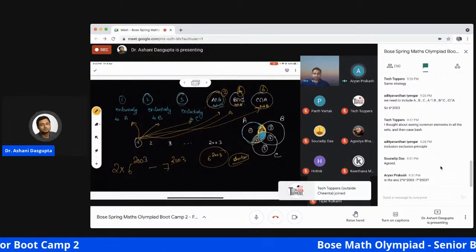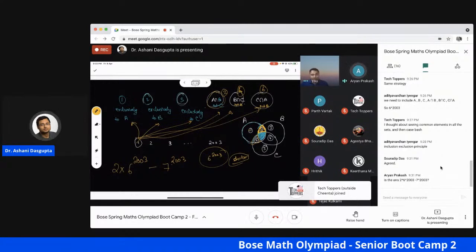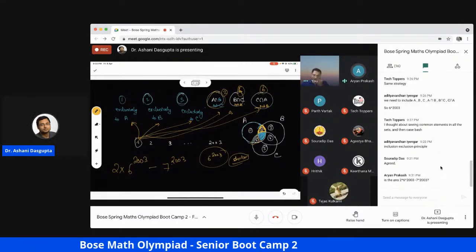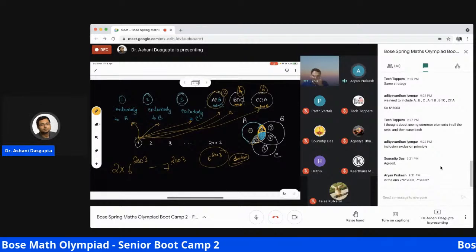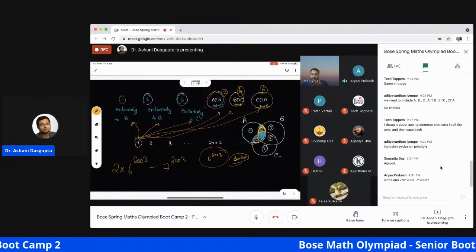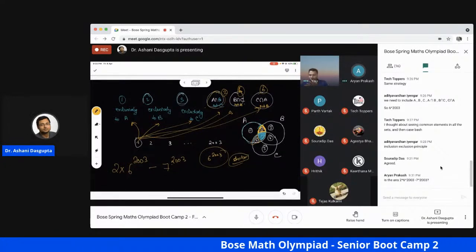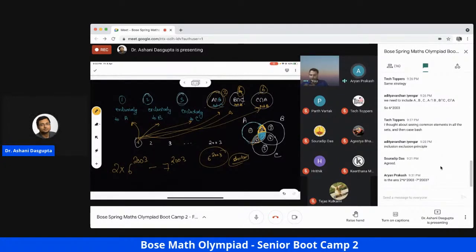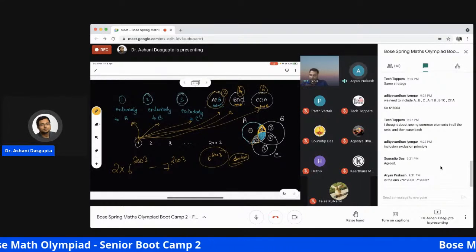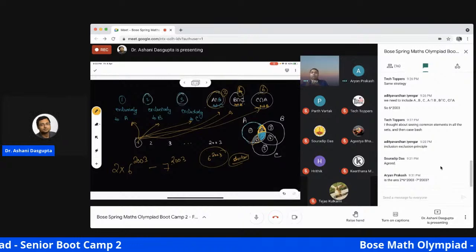Because 6 to the power 2003 is the total number of cases, and we have to subtract those in which A intersection B intersection C is not empty, meaning there is something common. Either one element is common, and the number of ways for that is 2003 C 1 times 6 to the power 2002, or there are 2 elements in common, and so on up to all elements common.